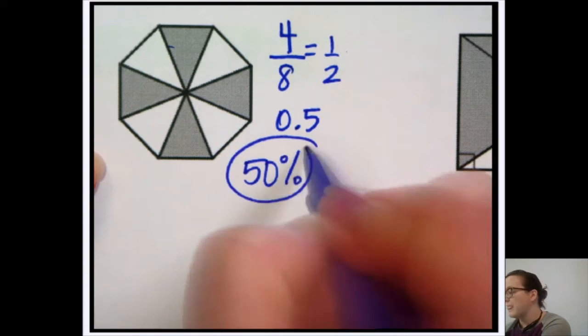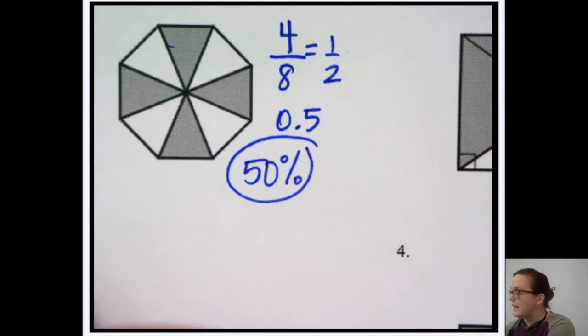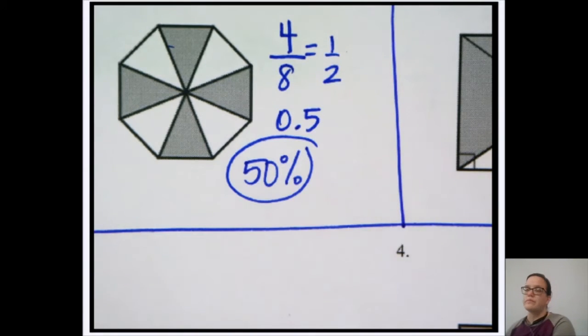Okay, so there's a 50% chance of hitting that shaded area. In a game scenario, this would be called a fair game because you have 50% chance of getting it and 50% chance of not getting it. Okay, so this is as likely to happen as it's not. So this would be a fair game.